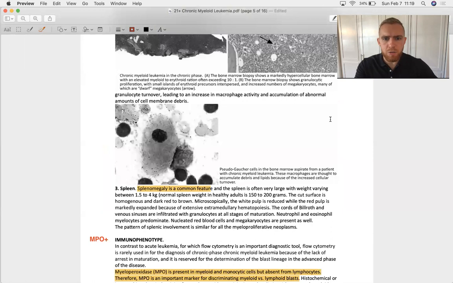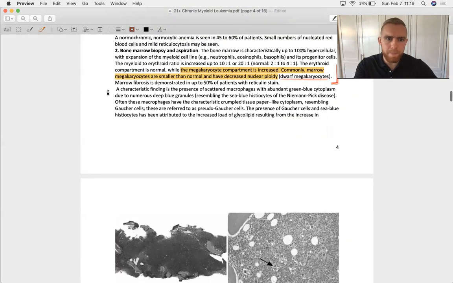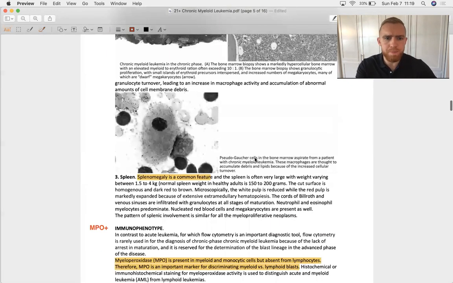You could see some Gaucher cells. That's not super important. I'm sure that you understand Gaucher's disease is characterized by tissue paper macrophages. That's the buzzword. And so if you see tissue paper cells in the bone marrow, CML could be on the differential.